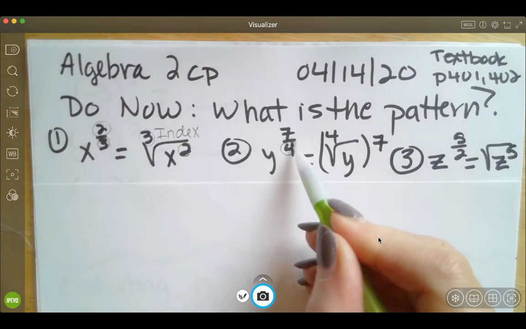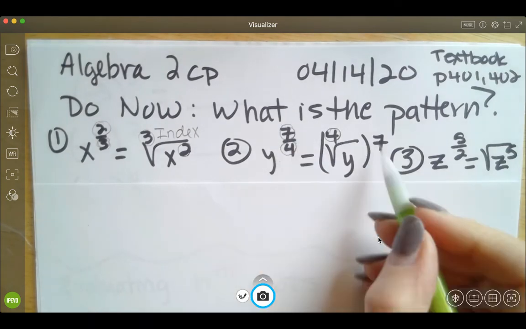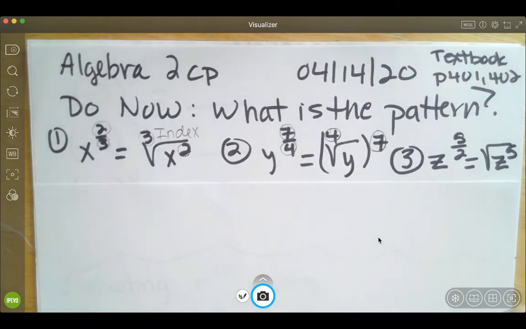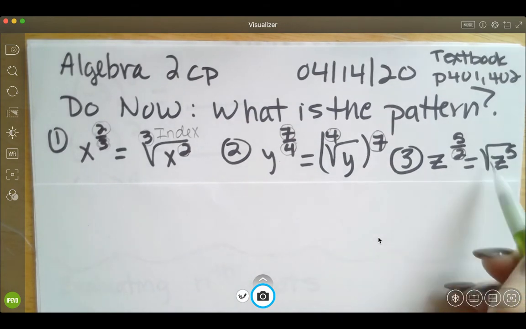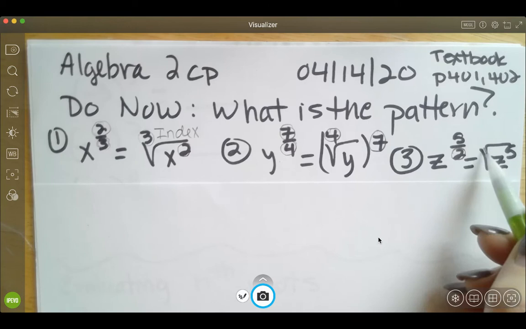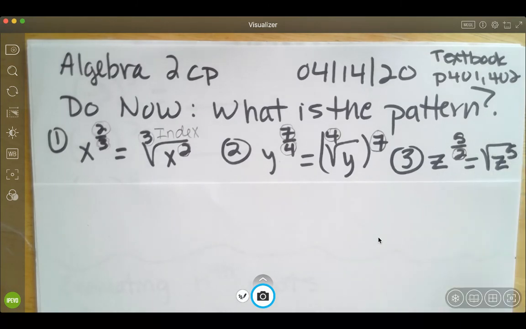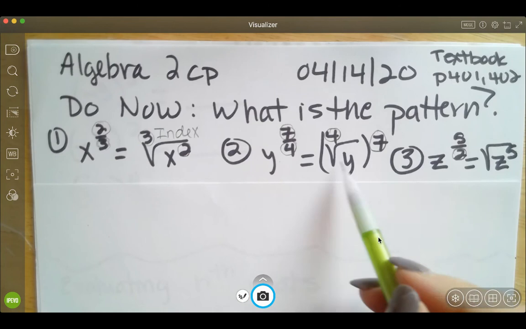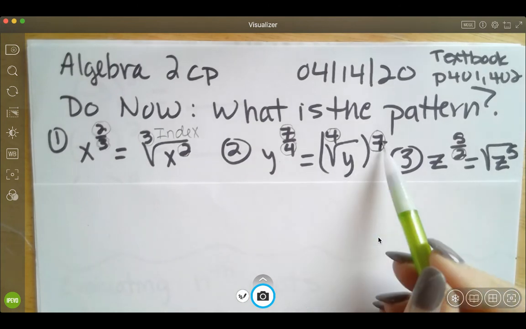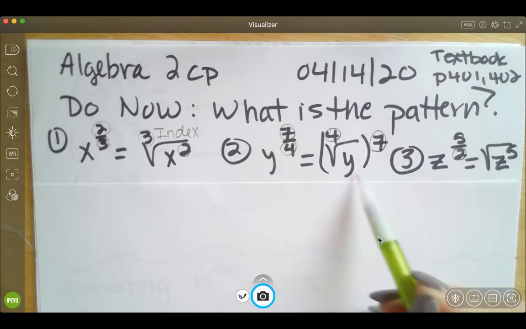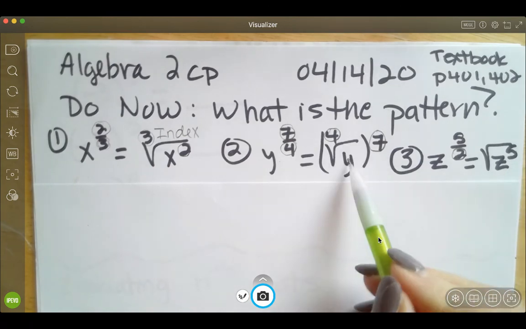It's the index. Here's the numerator of 7. It's the power or the exponent. Here's the denominator. That's the square root. Remember, that's understood. And here's the numerator, which is the exponent. And if you notice, we can either put the exponent in parentheses on the outside of the whole expression, or we can put it underneath with whatever is underneath the root.